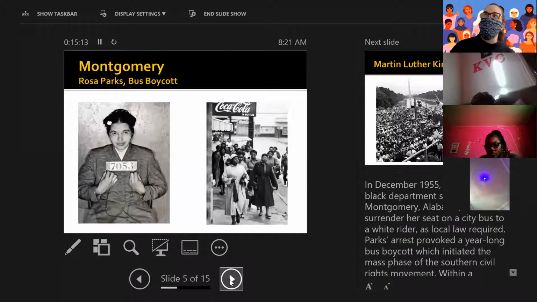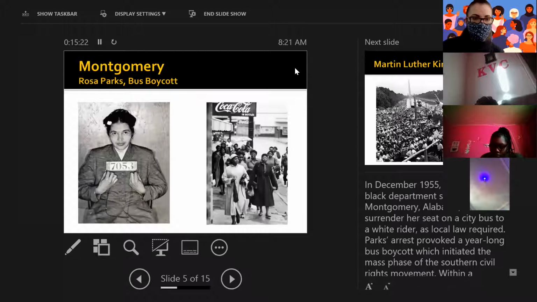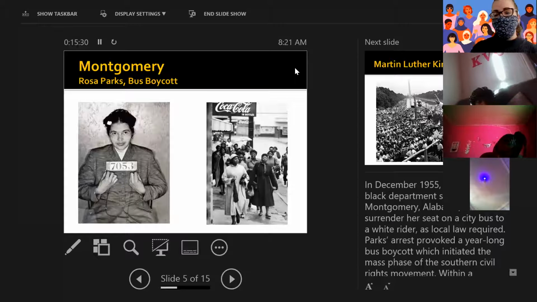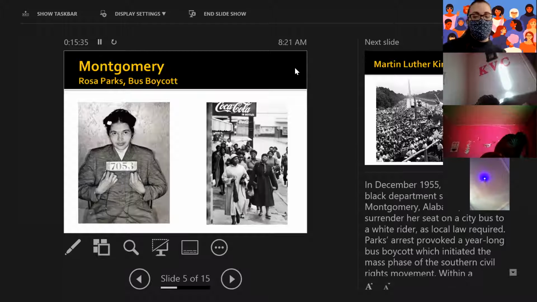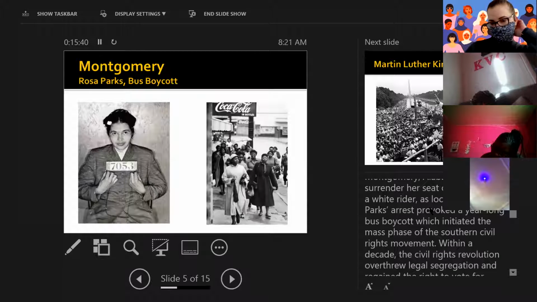The next significant chapter in the civil rights movement is in Montgomery. In December of 1955, Rosa Parks, who was a department store worker in Montgomery, Alabama, refused to surrender her seat on a city bus to a white rider, as the local law required.